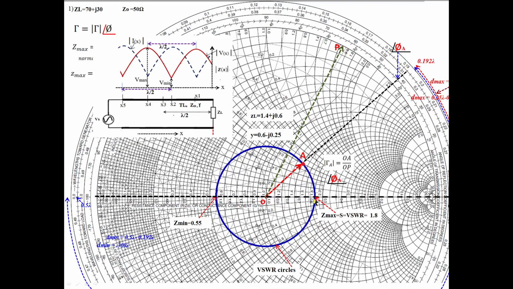So that is the distance from here to here, this distance we measured, that is the distance here. So it is easy to find now on the Smith chart. The wavelength scale is there, using that you can easily read at what distance it appears on the transmission line. So like that we can read the D minimum distance and the D maxima distance.